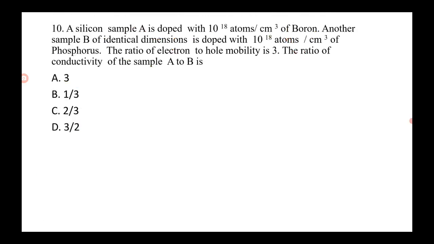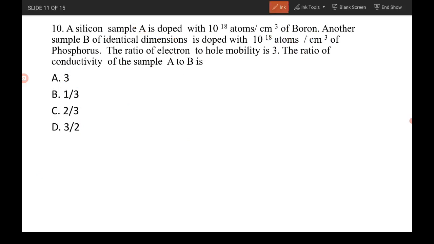So here in this 10th question you can see a silicon sample A is doped with 10 to the power 18 atoms per centimeter cube of boron. When it is doped with boron, which has valence electron 3, it is a p-type semiconductor.